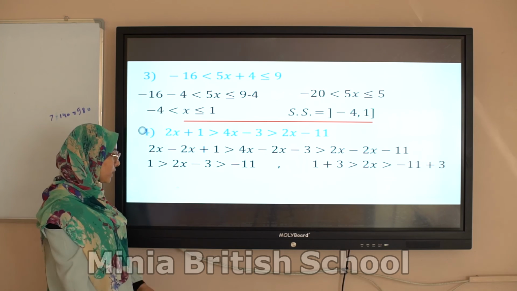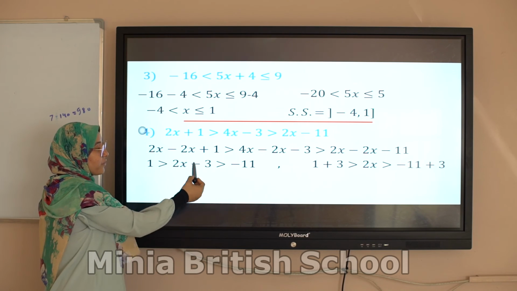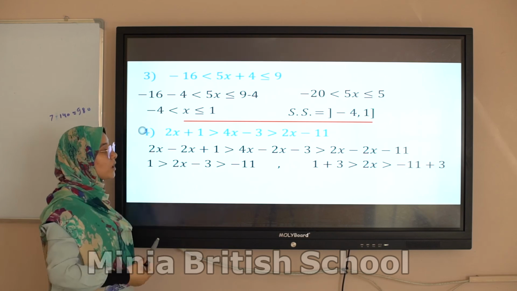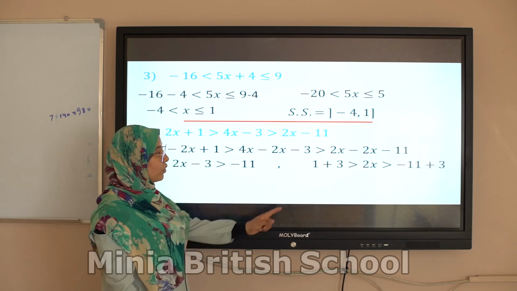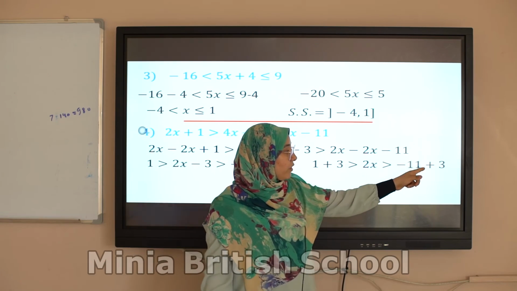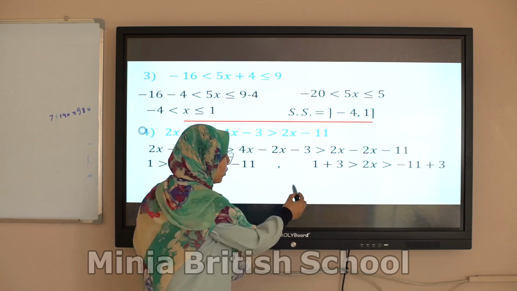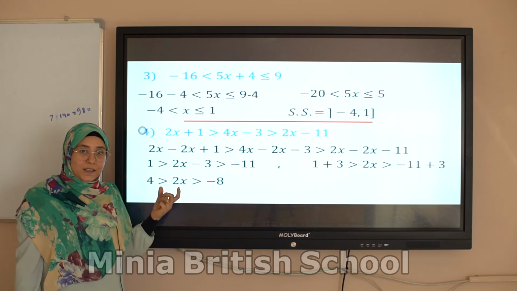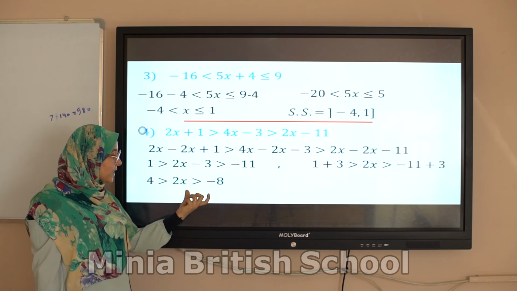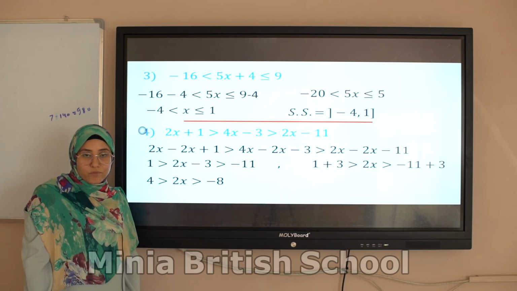We get what? Here, negative 3 plus 3 equals 0, 2x. 1 plus 3 equals 4, and negative 11 plus 3, okay, equals what? Equals negative 8. So we get 2x greater than 4 and less than negative 8.